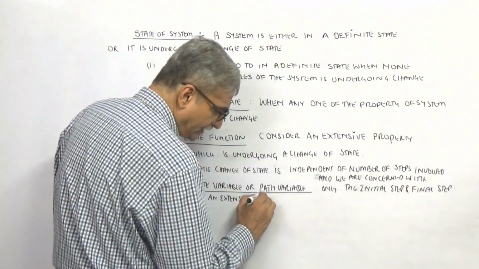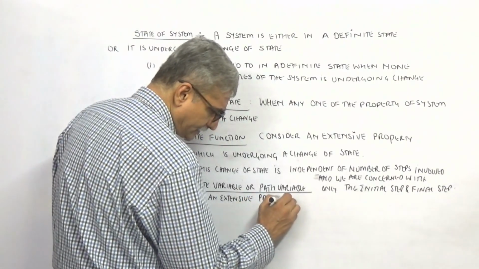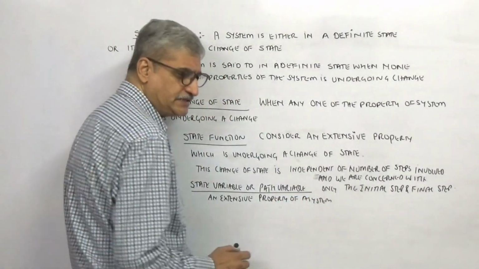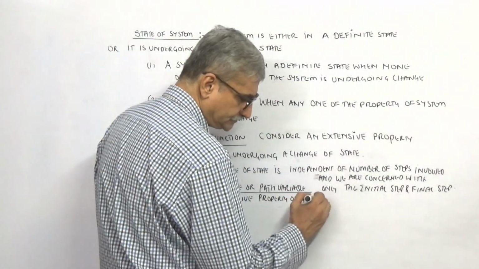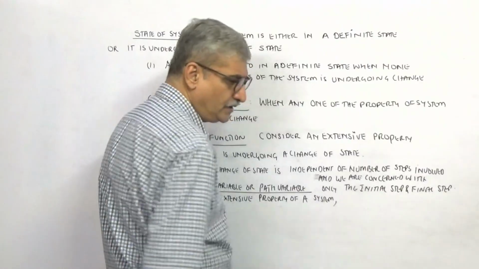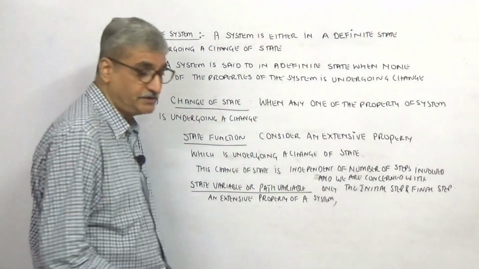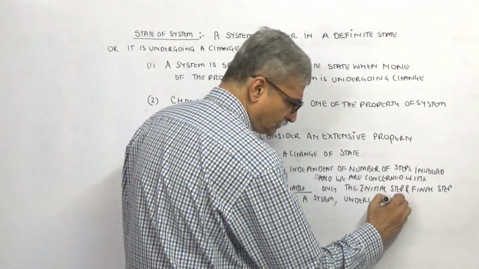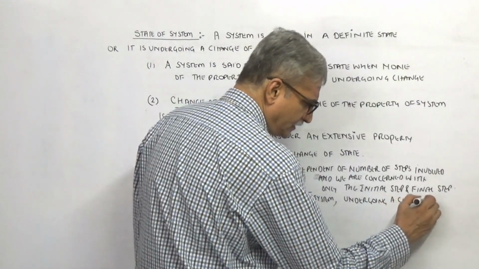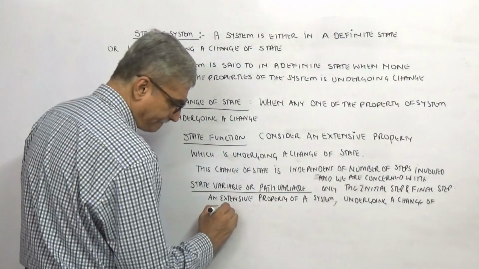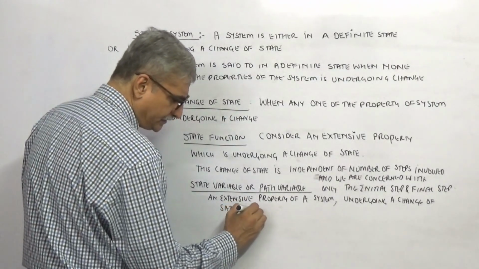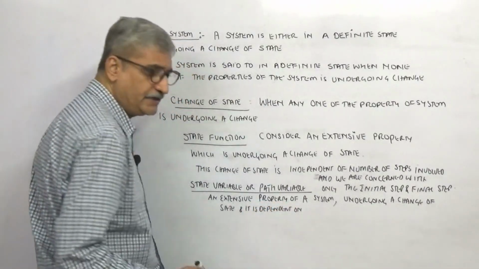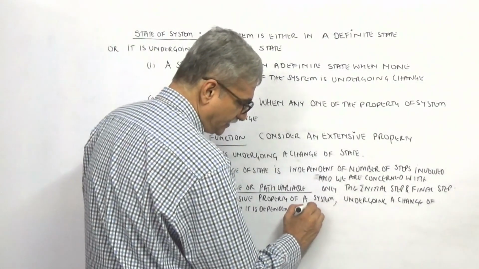So an extensive property of a system undergoing a change of state, and it is dependent on the number of steps, on the path followed.